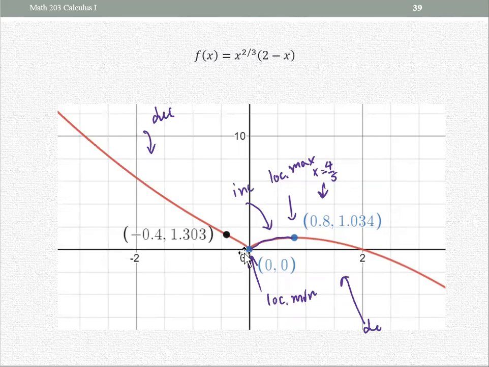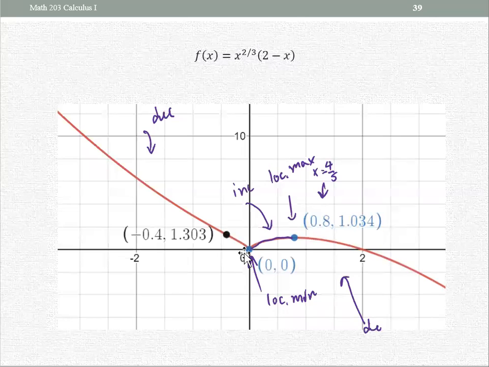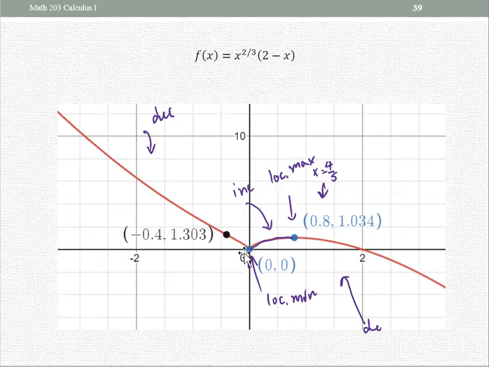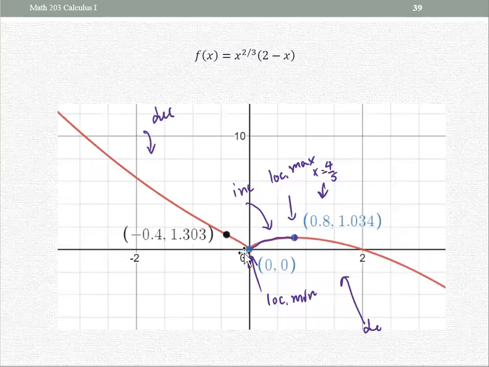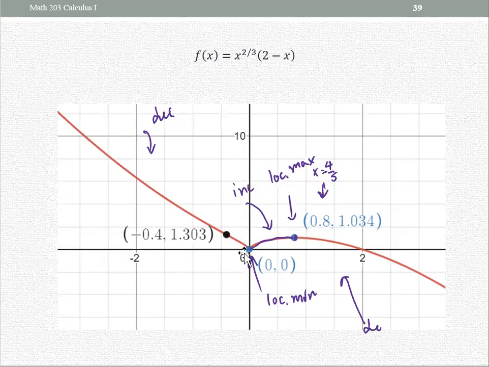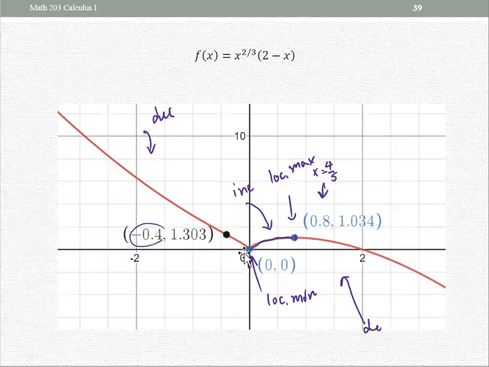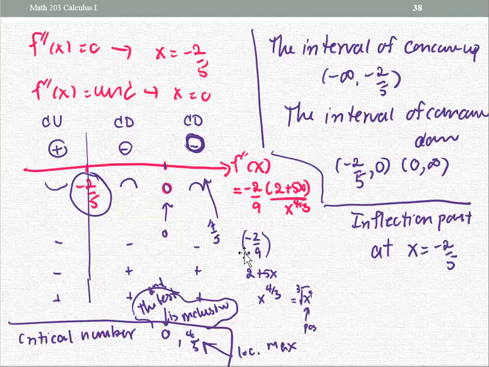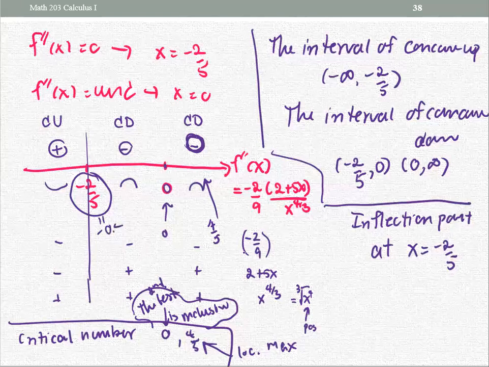Concave up, concave down. The point of inflection is not at 4 over 5, it is at negative 2 over 5, which is negative 0.4.